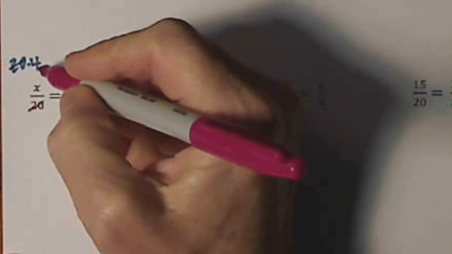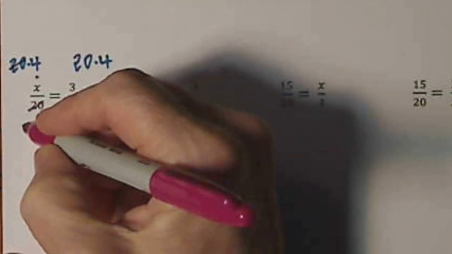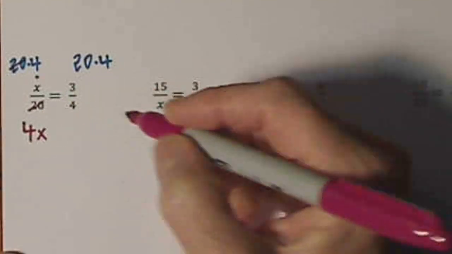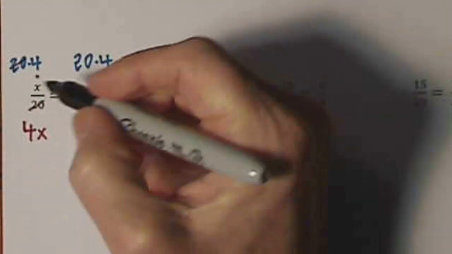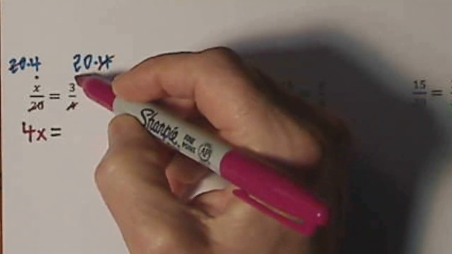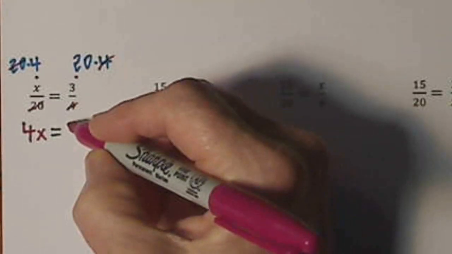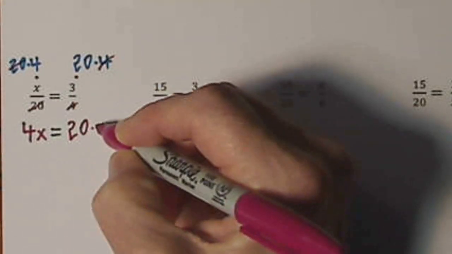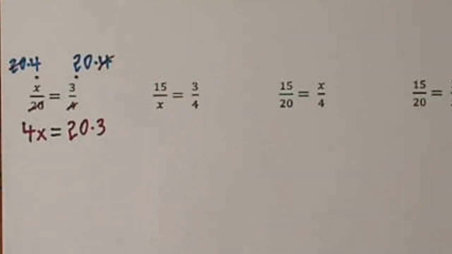Twenty goes into 20 once, 4 times x is 4x. Bring down your equal sign. Then 4 goes into 4 once, 20 times 3. And notice I'm just going to write 20 times 3. I don't have to multiply them together.